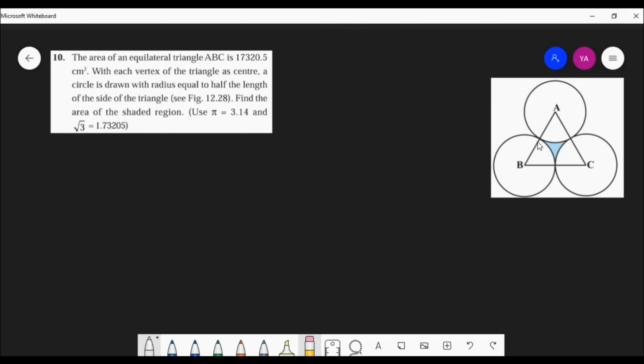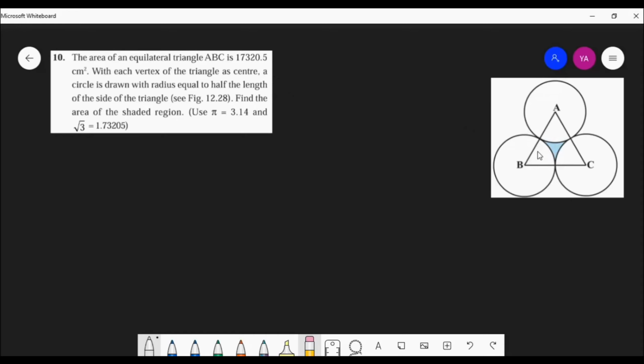And the radius of the sector can be calculated because the area of the equilateral triangle is given, 17,320.5. So using the formula to find the area of an equilateral triangle, doing some reverse steps, we can calculate the side length of the equilateral triangle, and taking the half, we will get the radius of the sector.